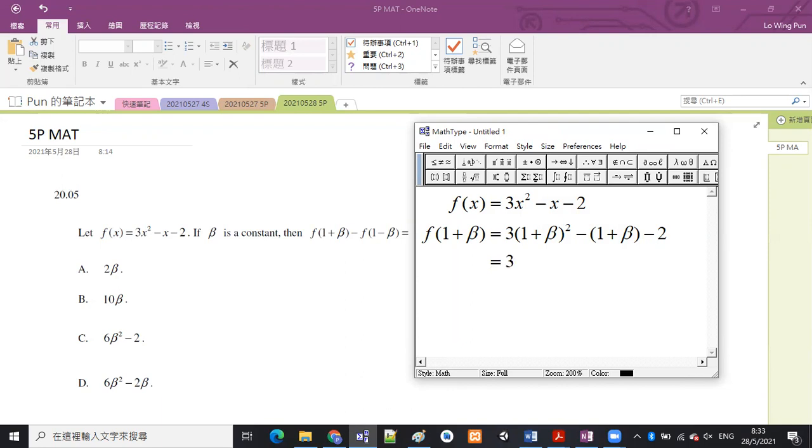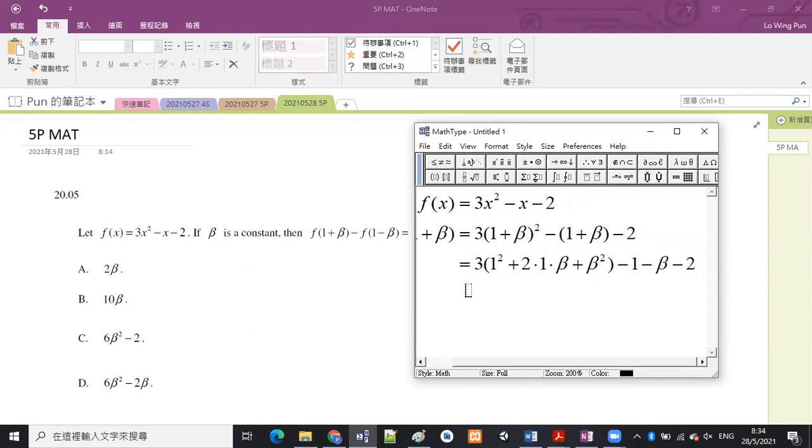But there is a 3 multiplying this, so we just keep the 3 first and then expand the bracket inside: 1 squared plus 2 times 1 times beta, and then plus beta squared. And then there is no square for the second bracket, so we can just remove the bracket. But careful, it is a negative bracket, so it becomes minus 1 and minus beta. And don't forget the minus 2 at the end.